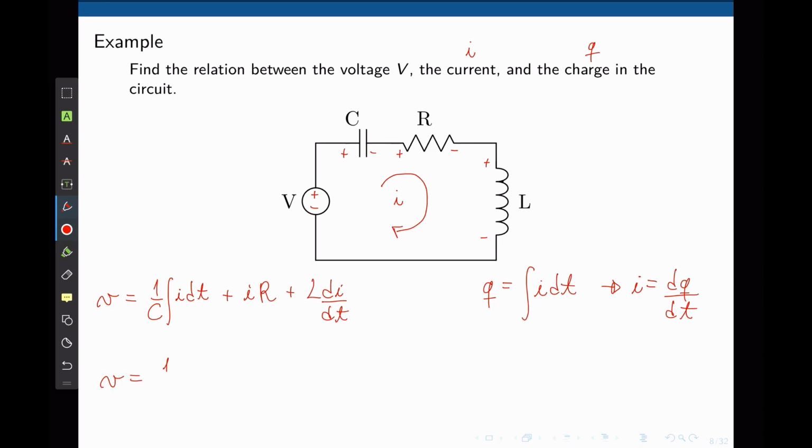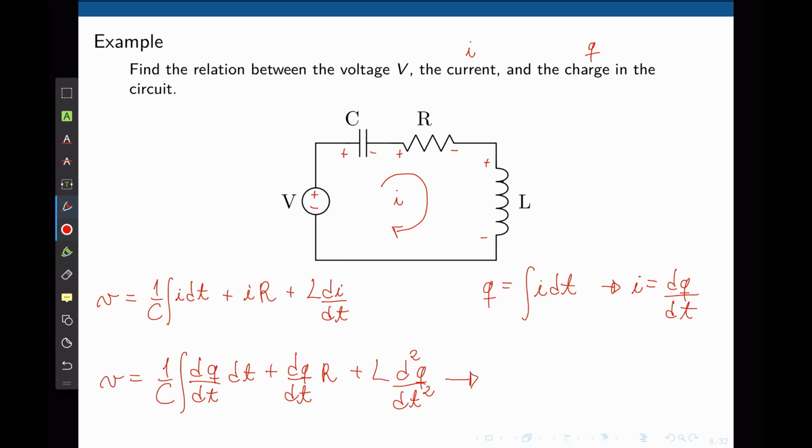V becomes 1 over C times the integral of I, in this case now as a function of the charge, dq dt, plus I times R. I is dq dt times R plus L times the derivative of I. So I is dq dt. The derivative of dq dt is d squared q dt squared, the second derivative of the charge.